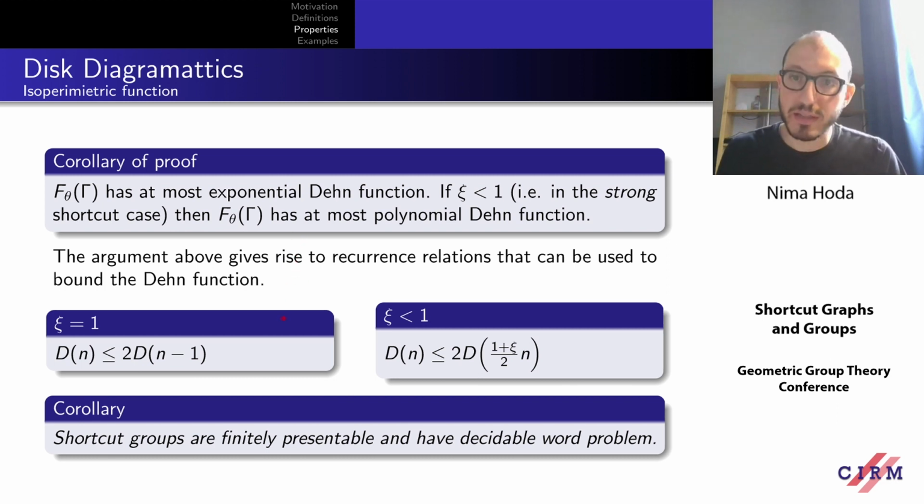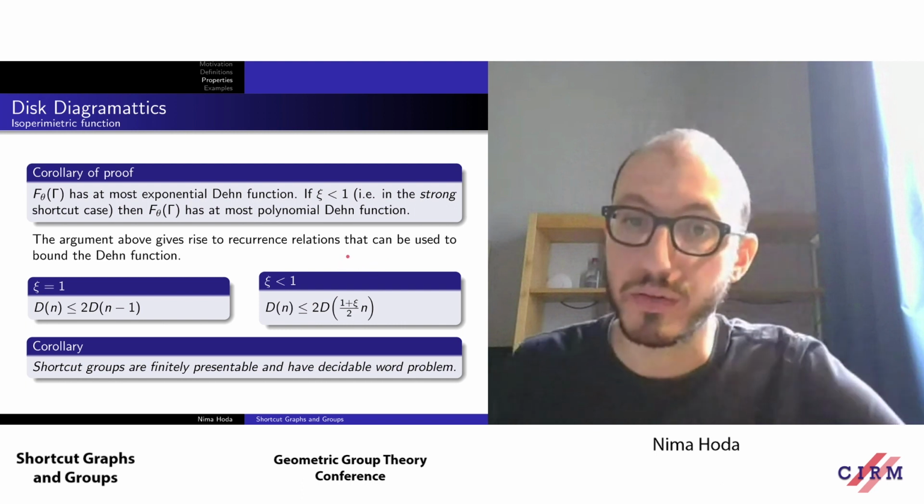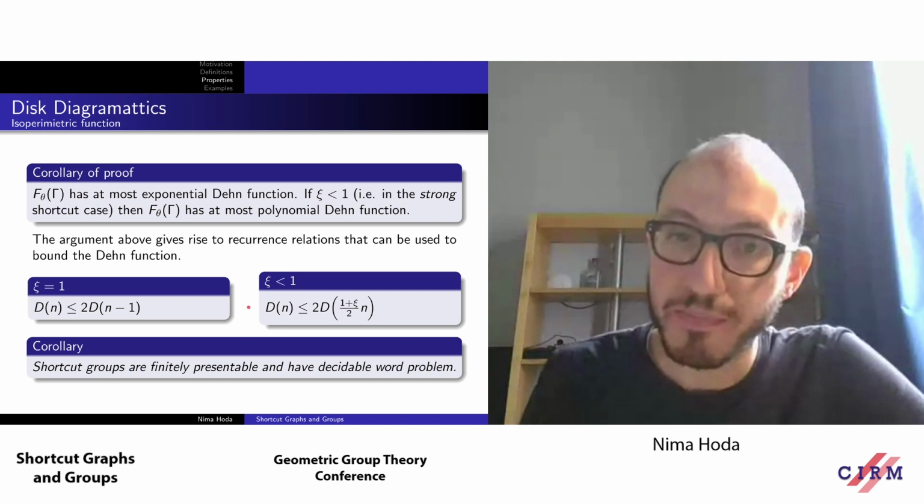That's just the shortcut case. If psi is strictly less than 1, so that's the strongly shortcut case, then f sub theta of gamma has at most polynomial Dehn function. It's just by the recurrence relation that you get from that inductive step. Either you're replacing your cycle with two that are strictly shorter, or you're replacing your cycle with two that are shorter by a constant factor, and solving those recurrence relations, you get either the exponential or the polynomial bound.